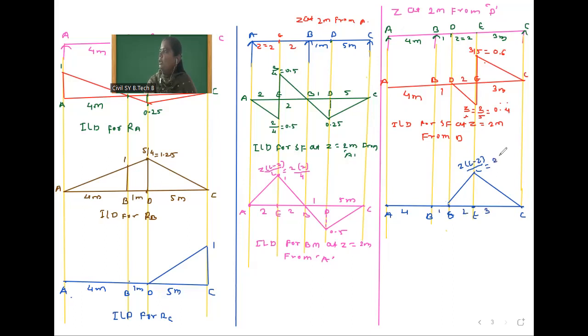So 2 in bracket L, that is 5 minus 2 is 3 divided by 5. How much? 1.2. So this is the ILD for bending moment at Z, which is equal to 2 meter from D.